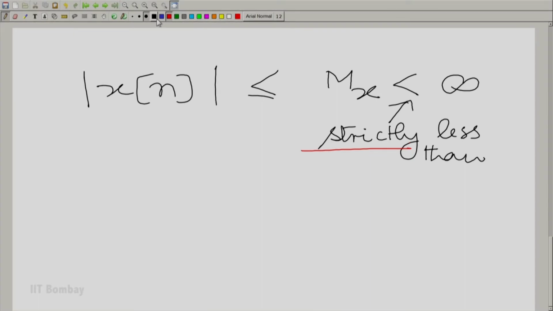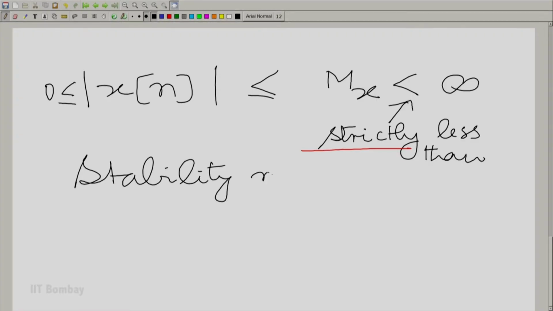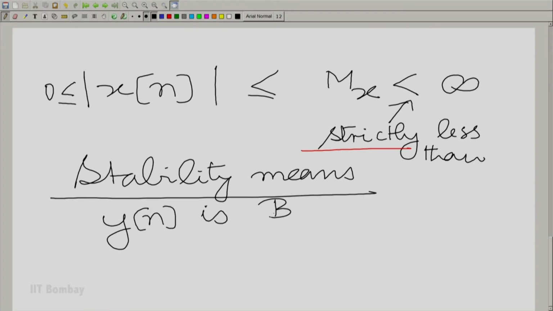It is of course needless to say Mx has to be greater than or equal to 0. Now, given a bounded input, what can we say about the output? If the system is stable, the thing that we are guaranteed is that the output is bounded. So, stability means y[n] is bounded, and this happens for all such x[n].